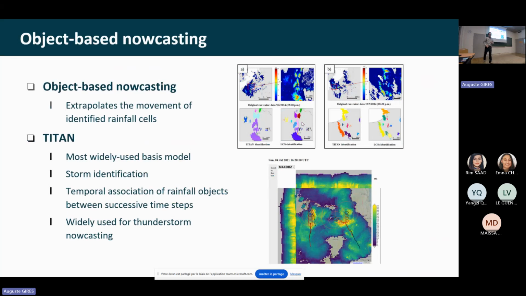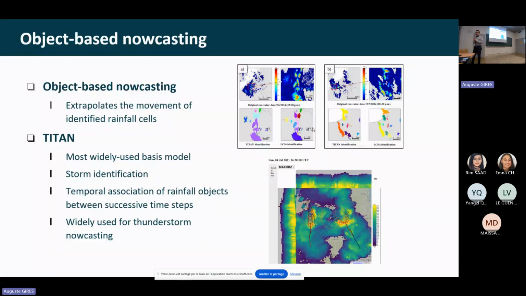This method is very effective for convective storms, because convective storms have a clustering nature, so there are very obvious objects, or rainfall cells, inside the radar image. It performs quite well. One of the most famous methods is called Titan. It provides an algorithm to help you identify these cells and also to associate cells from different time steps.